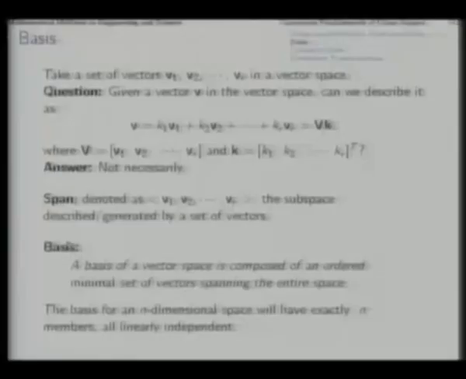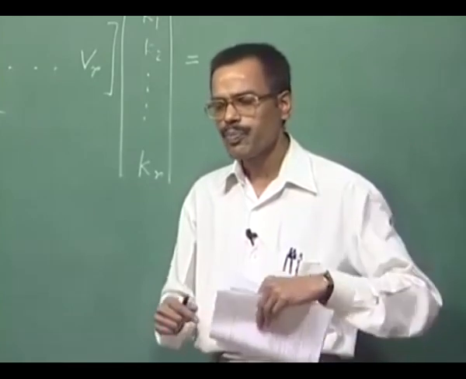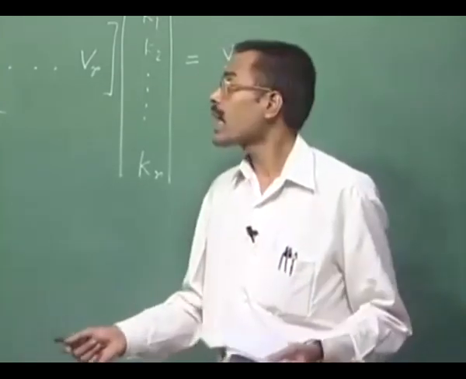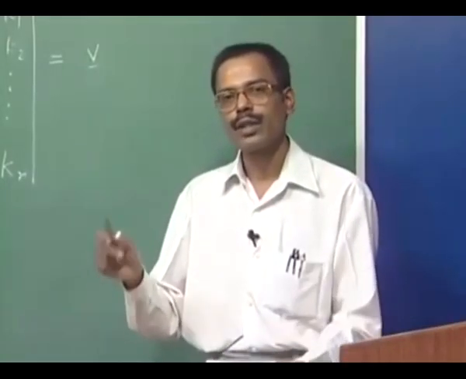Then when we look for the complete basis of a vector space, we define it in this manner. A basis of a vector space is composed of an ordered minimal set of vectors spanning the entire space. That means that after we collect so many members v1, v2, v3, v4 etc., such that all vectors in the vector space can be expressed in this manner, when finally the answer to this question turns out to be yes after collecting enough, then we ask whether we can do with a smaller number of vectors in this collection.